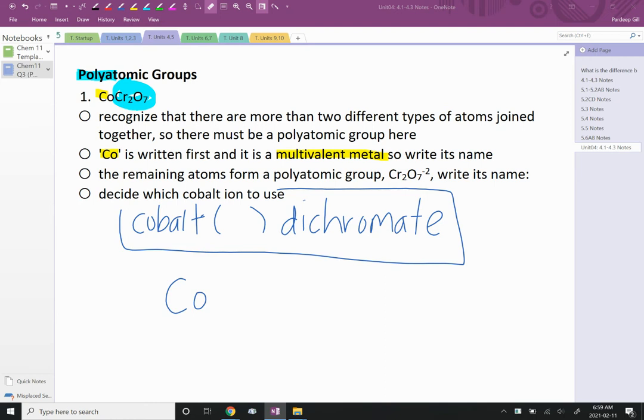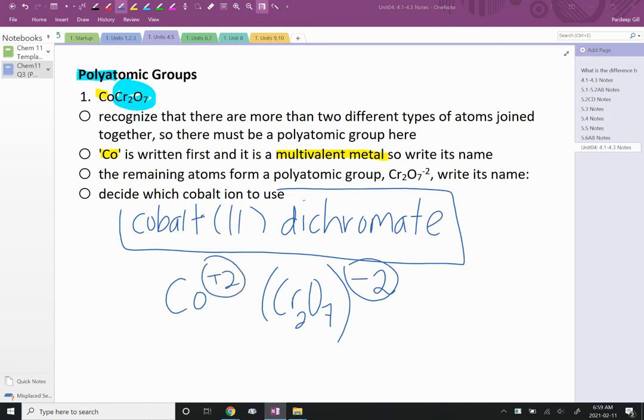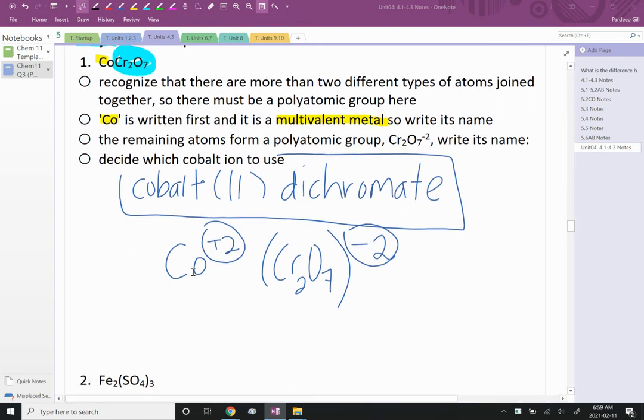So we'll just write down Co, and then dichromate, we'll keep it in brackets, Cr2O7, and that has a charge of -2. So the charge for cobalt has to be +2. Okay, so it's cobalt(II) dichromate.